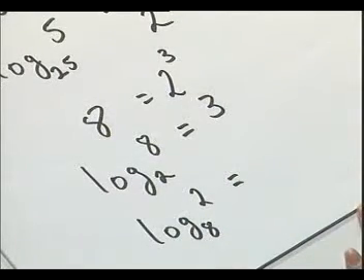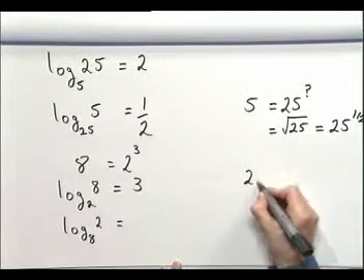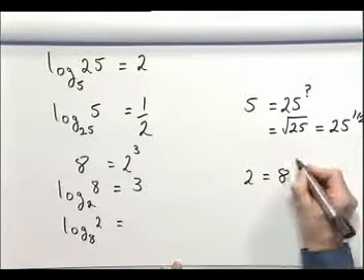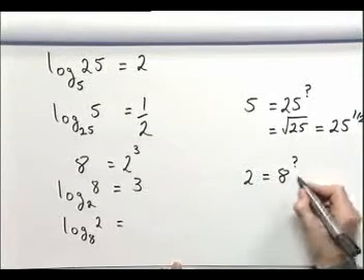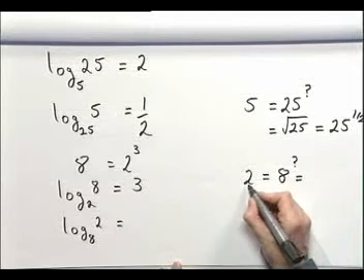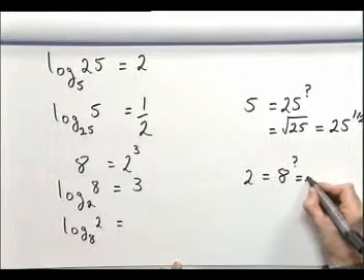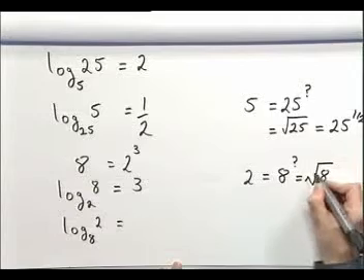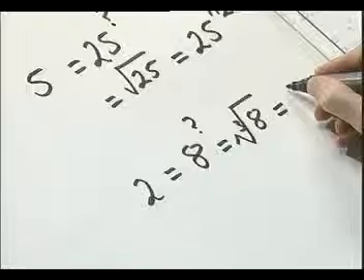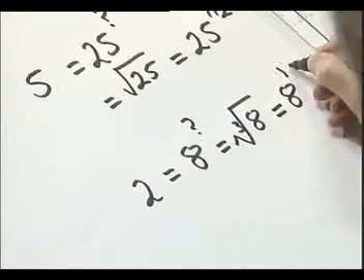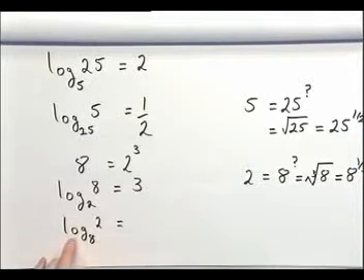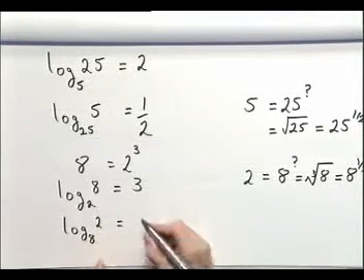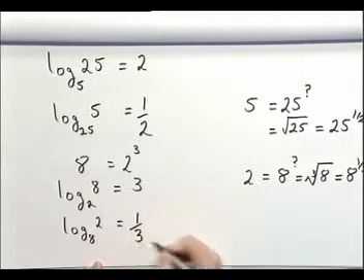And that's the equivalent of saying to ourselves, how can I write 2 as a power of 8? What's that index? Well, 2 is the cube root of 8, which we write like that. But another way of writing the cube root is to write it as 8 to the power 1/3. And that tells us that the log of 2 to base 8 is 1/3.